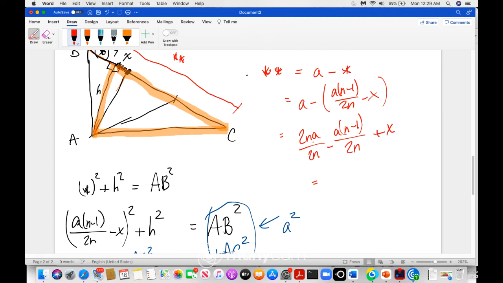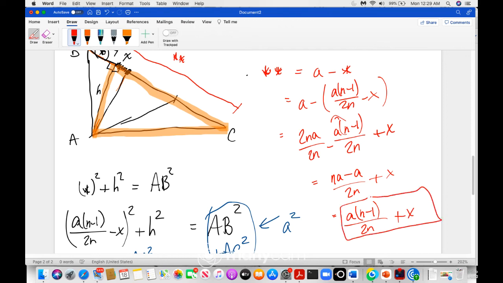So I have a 2na, and then when this distributes, I'll have minus 1na. So I'll end up with na minus a over 2n plus x, which when I factor out the a is going to look like this. Go back and verify this for yourself if this doesn't make sense.